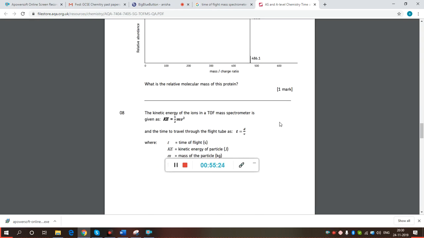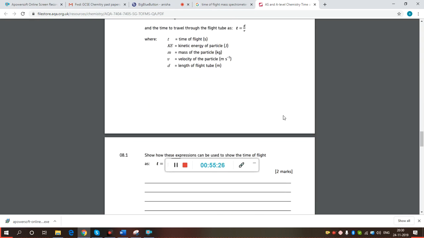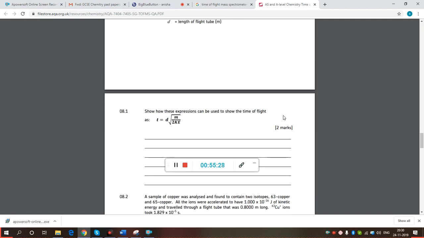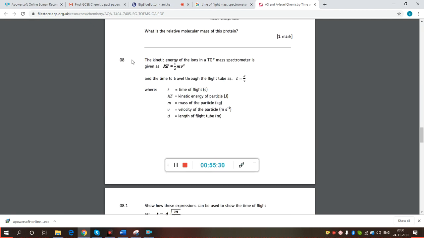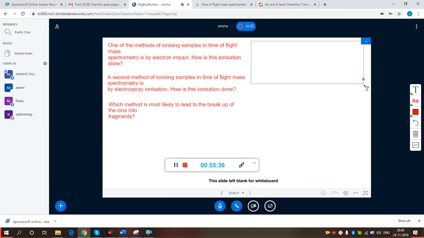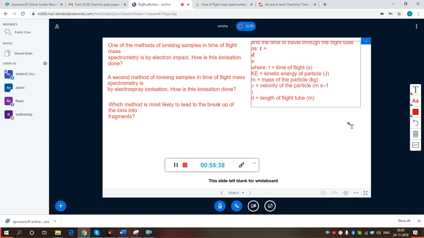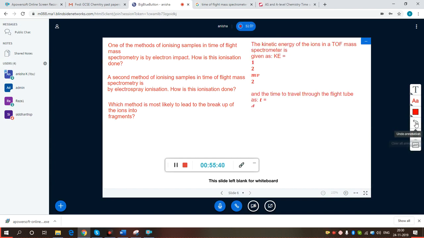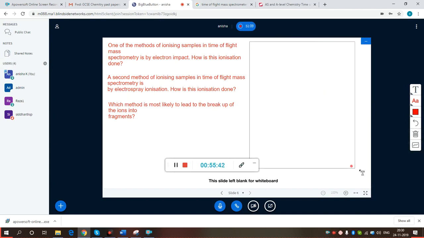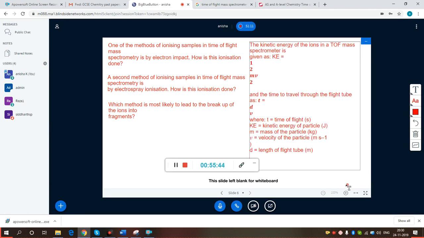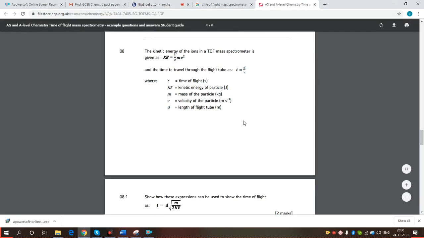This also has the graph value. So it's okay. I have one more thing. I'll give you this one. The continuation of this question, I will put it down here.